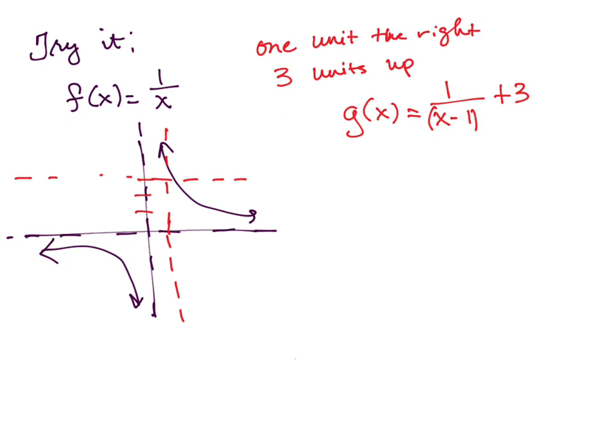So where's that new function located? In this area and in this area. So we still took the reciprocal function and we drag and drop. And now it has a new location.